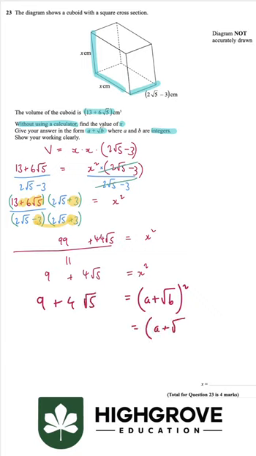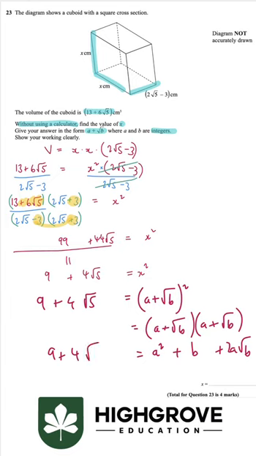Squaring means multiply by yourself. So we end up multiplying a times a, that's a squared. I'll also have a times root b, so that's a root b. And I've got another one of those, so that's 2 lots of a root b. And finally, I've also got to multiply root b by root b, well, that's just b.